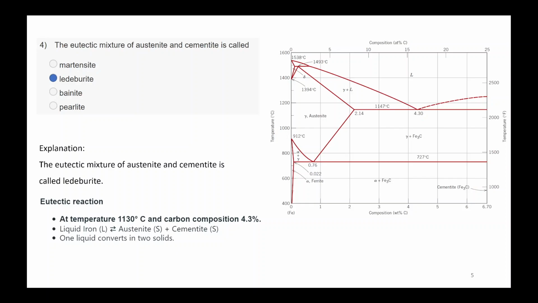Coarse bainite. Bainite is usually described in terms of upper and lower bainite. They have different morphologies, like needle type and platelet type. So I don't think it's given in terms of coarse and feathery. I have heard of it, but not coarse bainite.